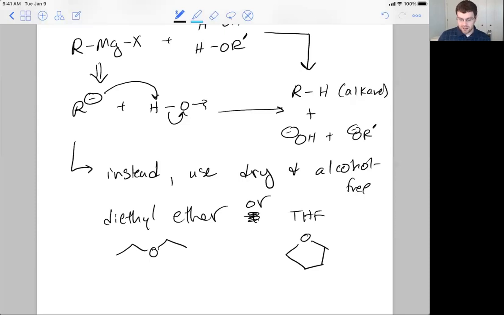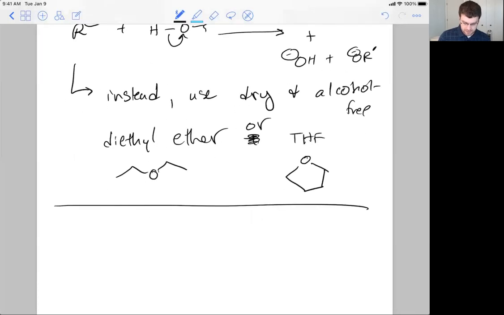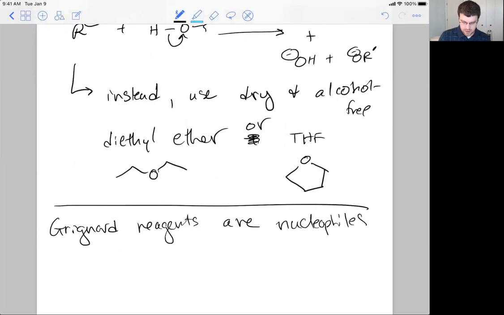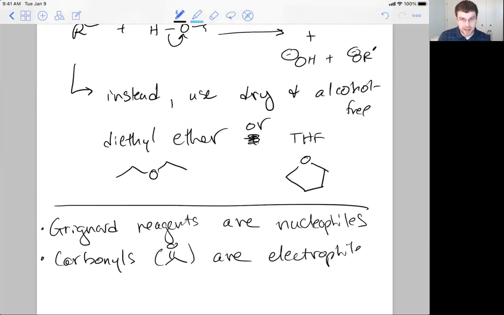But I want to get back to this again. Grignard reagents are nucleophiles. Now, in addition to that, carbonyls are electrophiles. And our carbonyl, again, is acetone. These are electrophiles. Just like the SN2 and really the SN1 reaction, remember I said that a huge number of organic reactions are just combinations of nucleophiles and electrophiles.